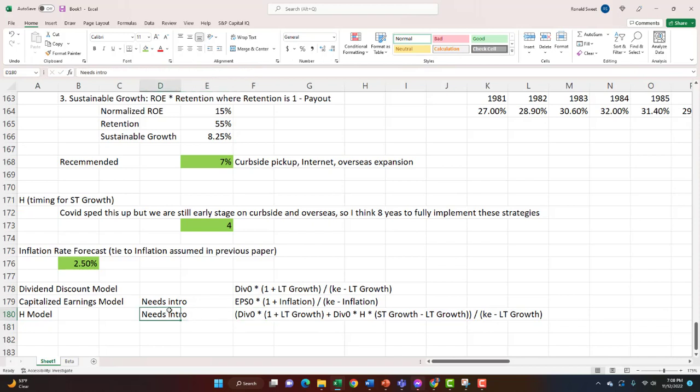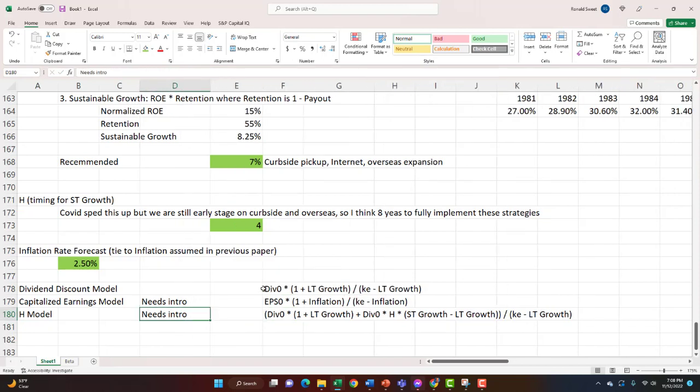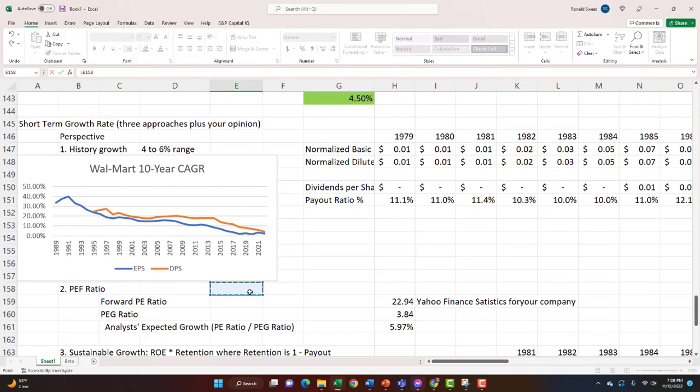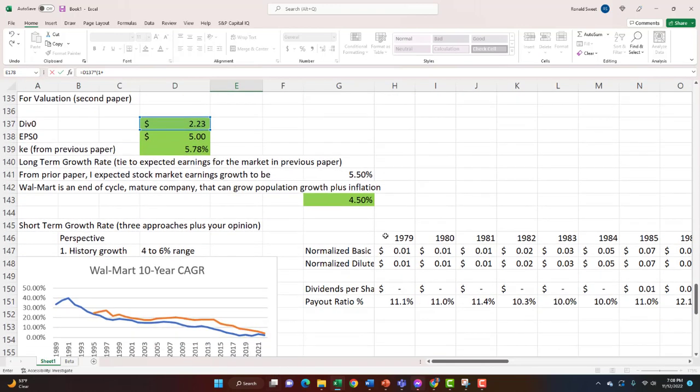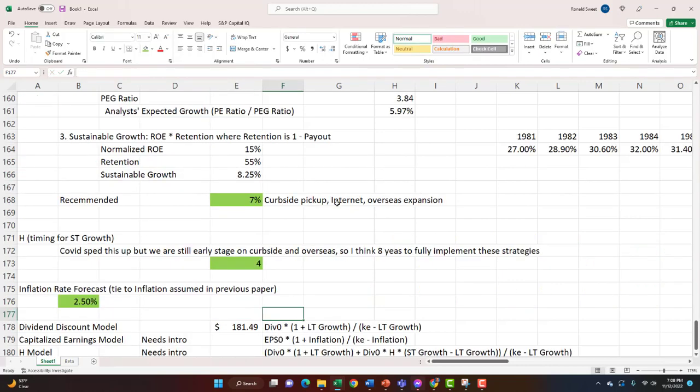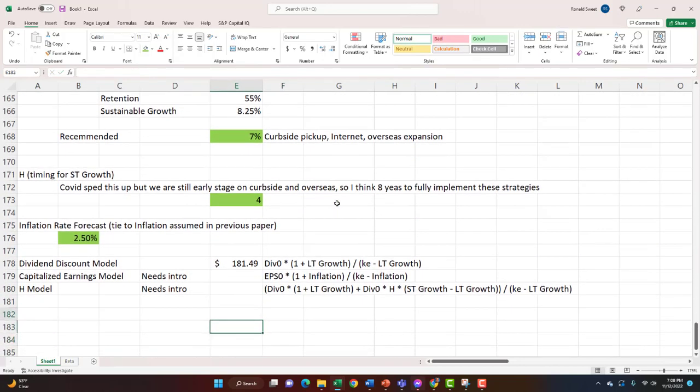So let's calculate these. Dividend 0, let's go find dividend 0. There's dividend 0 right there, times 1 plus long-term growth. There's my long-term growth, divided by KE minus long-term growth, and that gives me 181.49.